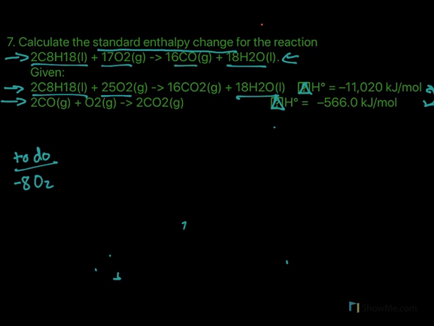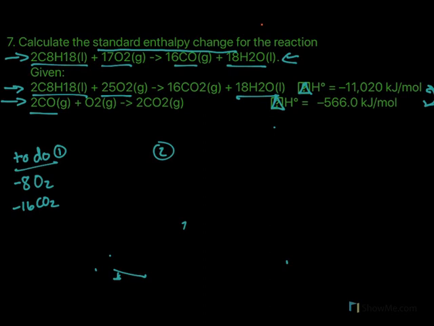Next, the only thing left I've got is my 16 carbon monoxides. Now, that means I definitely need to just get rid of this, right? I need to lose 16 carbon dioxides for equation 1. And then for equation 2, I've got my carbon monoxide here. That's great, but it's on the wrong side, right?